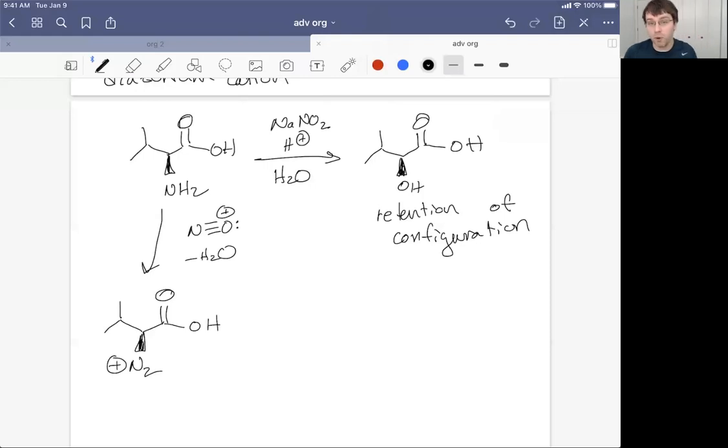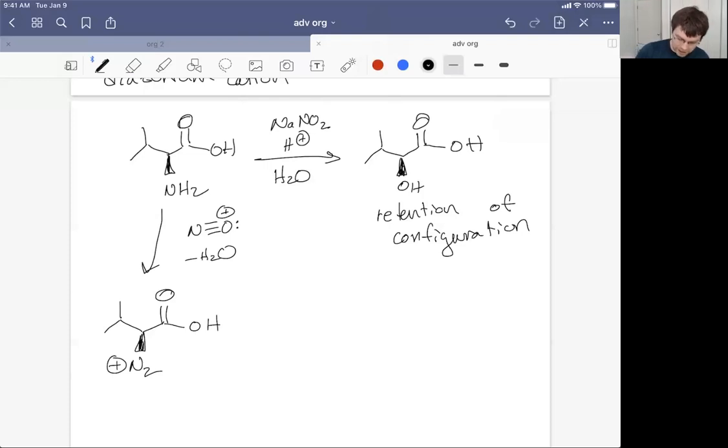Now, the water is poised to come in and do its attack. Water will attack, substitute, and then finally lose a hydrogen, right? Well, hang on just a second. We get retention of configuration. If water attacks this exceptional leaving group, an N2, we would get inversion of configuration through backside attack. That's not what happens.